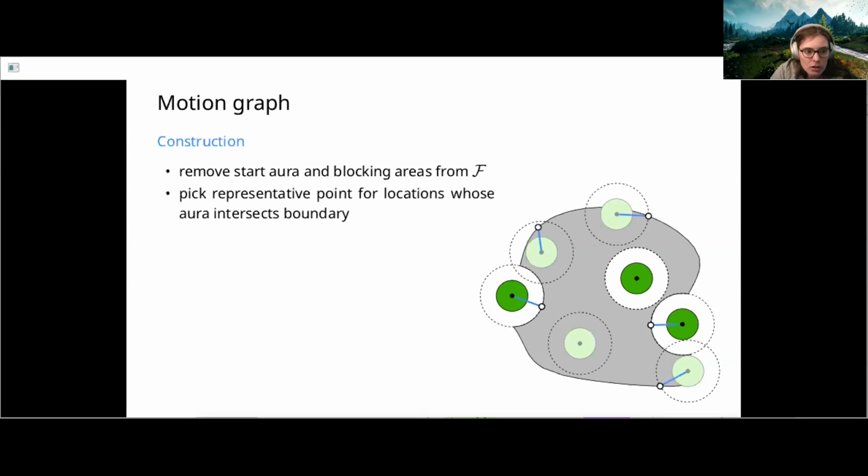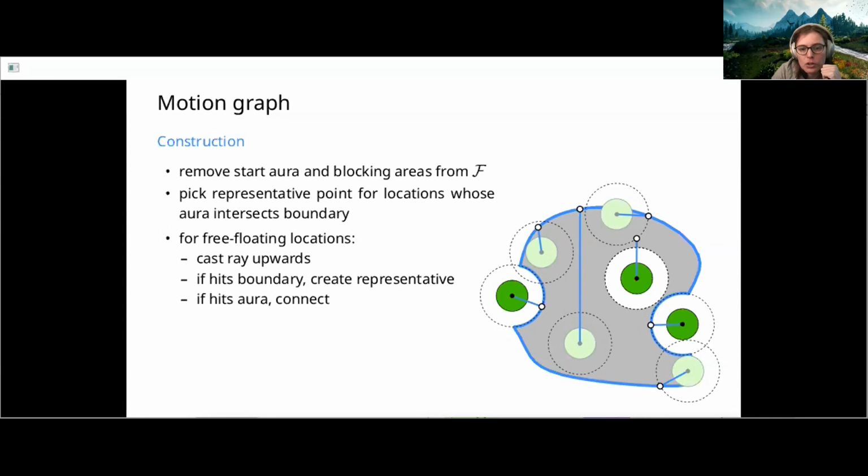For each location whose aura intersects the boundary of the resulting remainder of the free space, we're going to choose some representative point. What that means is that if we go around the resulting boundary, we're going to go through all these representative points so that we can connect them in that order.